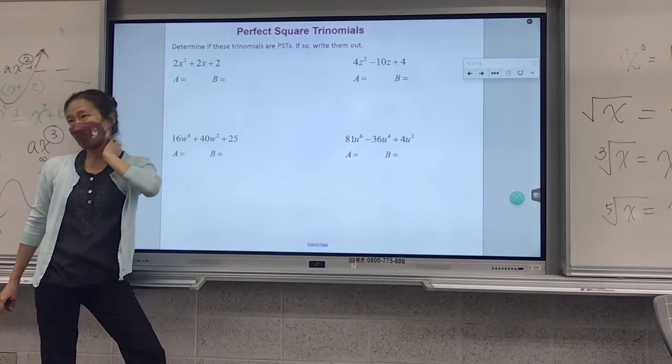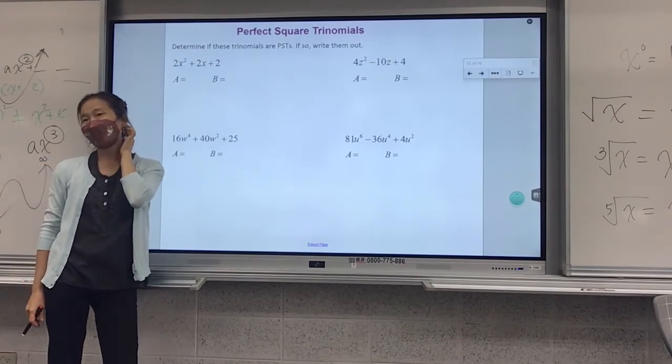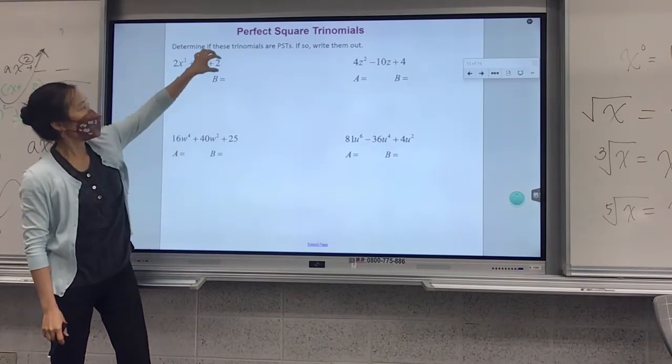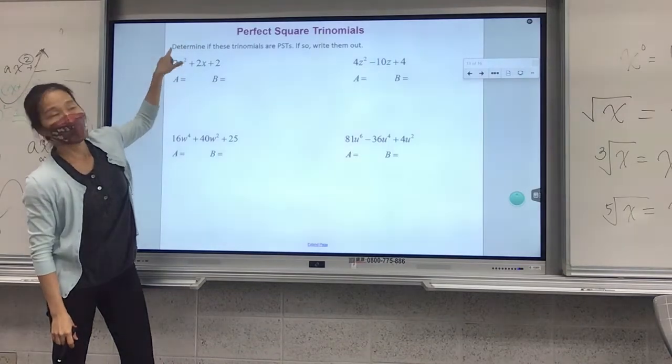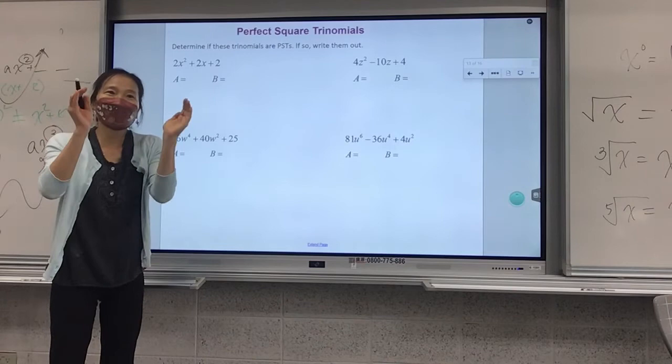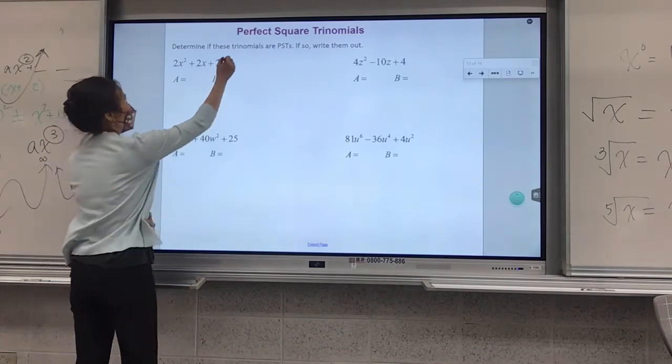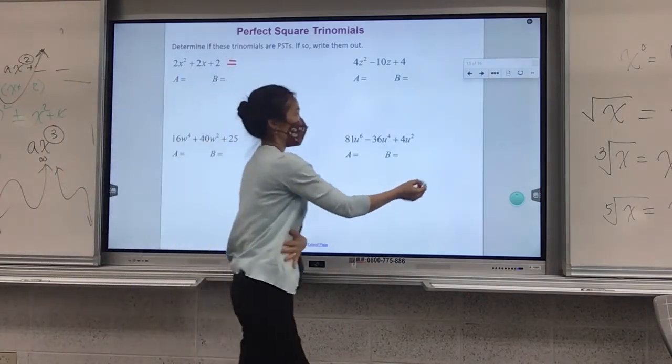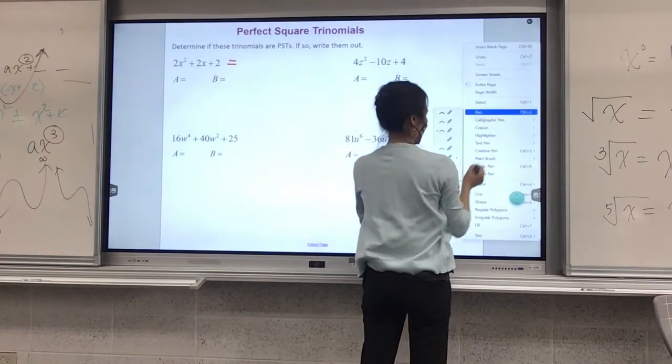The first step when you're trying to factor is actually to pull out the least common factor. So sometimes the perfect square trinomial is hidden. So what can I factor out? 2. So you do the factor first.